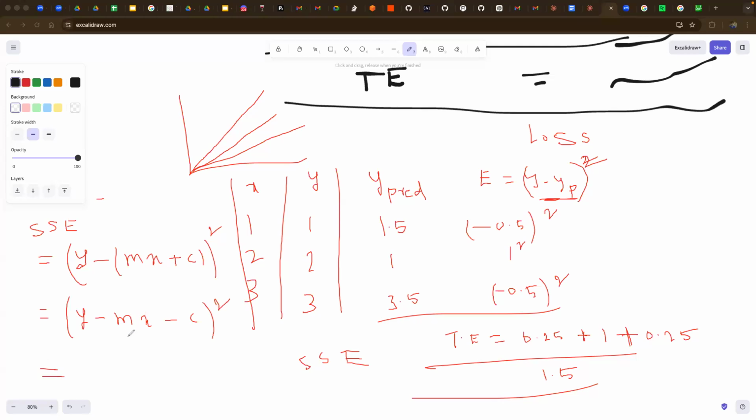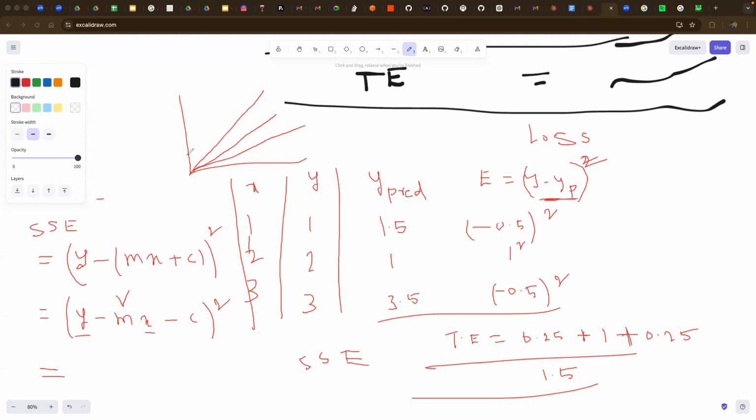Here you need to always observe what is fixed and what is variable or changing. Y is fixed because this is the ground truth, and the slope value is variable. For that I am writing m. And x value is also fixed. It is coming from the input data set. So this is fixed. And c value can change.